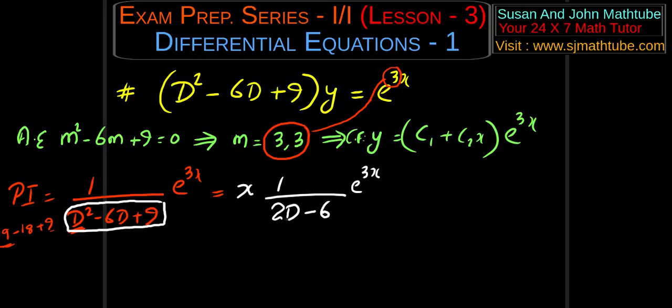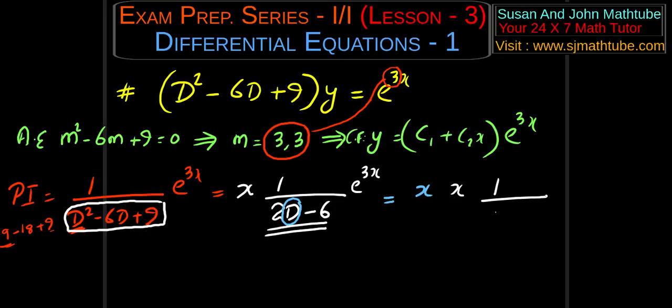And then you put 3 over here, now we're going to get 0 again. Yeah, no need to worry. You just put one more x and then write the remaining part, that x, and 1 by, you differentiate this again.